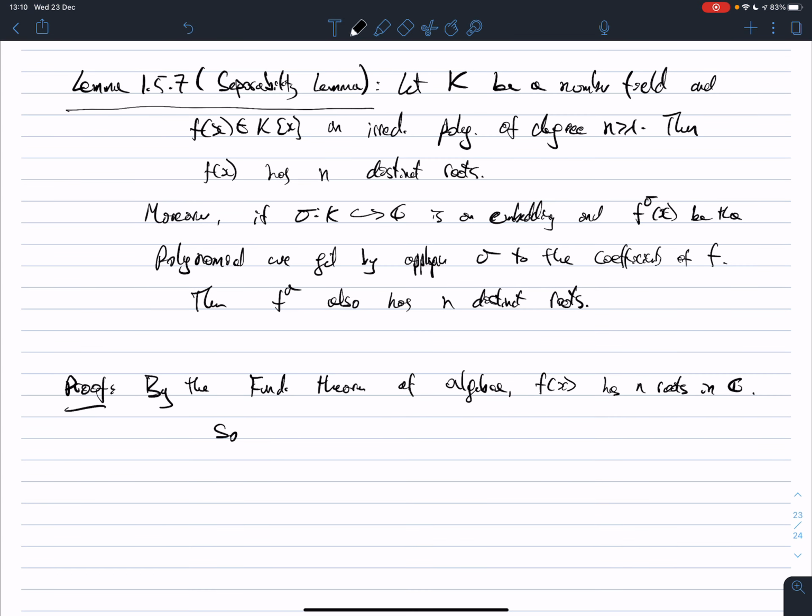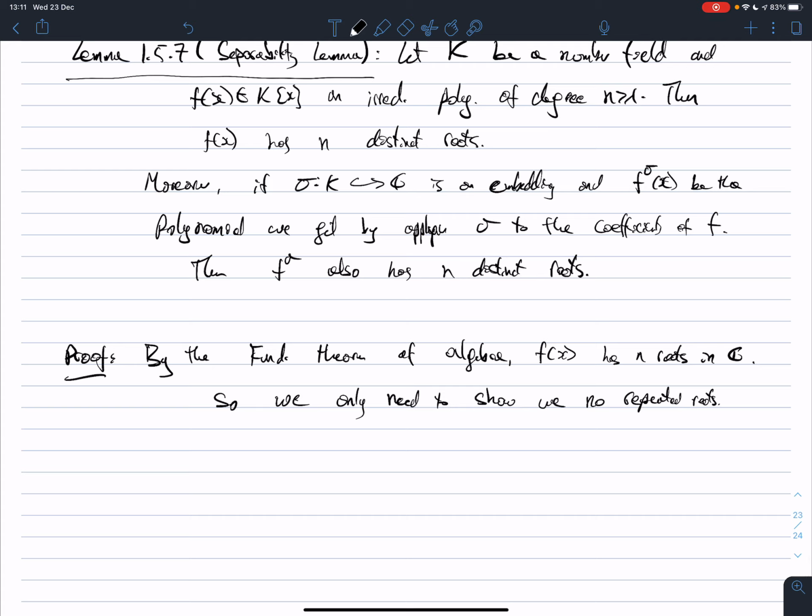So we only need to show we have no repeated roots. This is where the irreducibility is going to play a key part. The fact that it's irreducible means that all of the roots have to be distinct, because otherwise the polynomial wouldn't be irreducible.